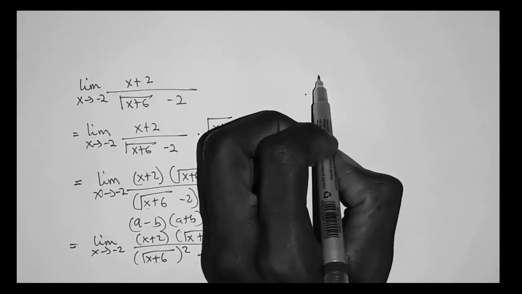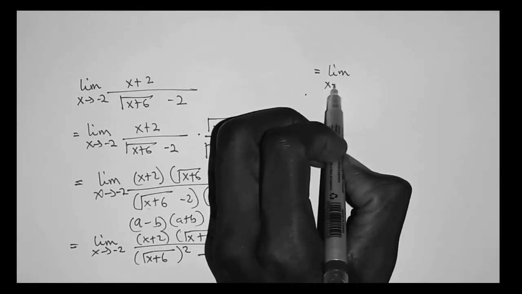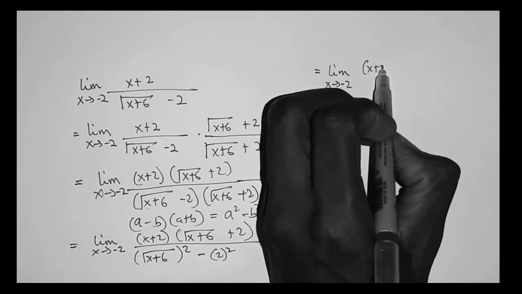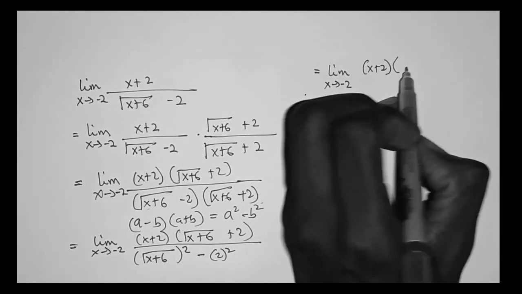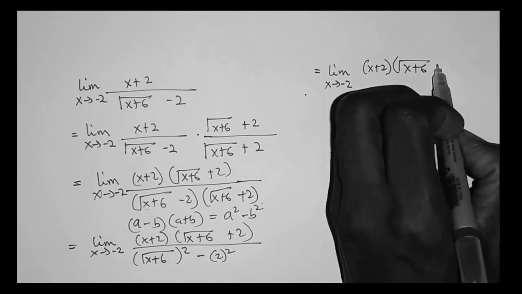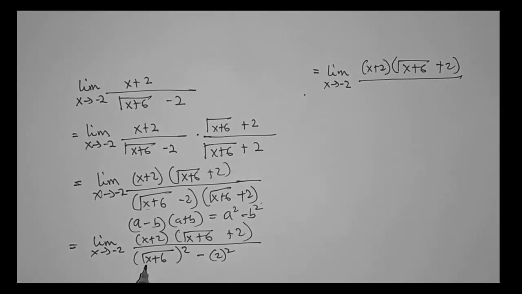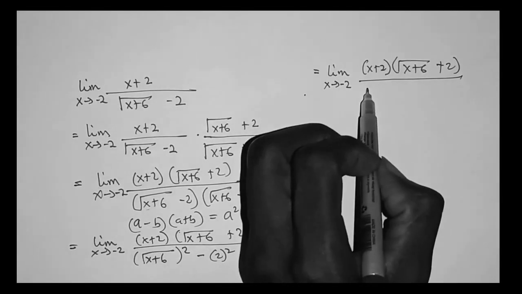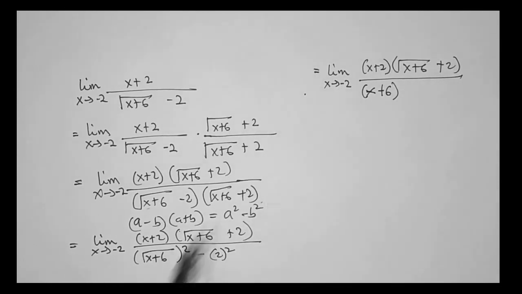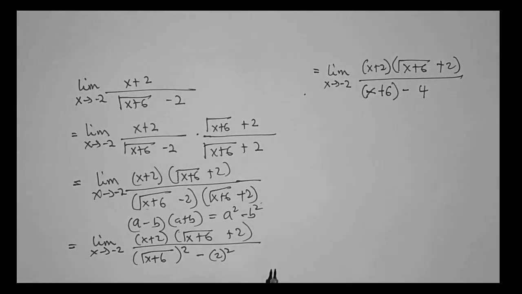We have (x plus 2) times (square root of x plus 6 plus 2), all divided by x plus 6, because the square root of x plus 6 squared is x plus 6, then minus 2 squared, which is minus 4.